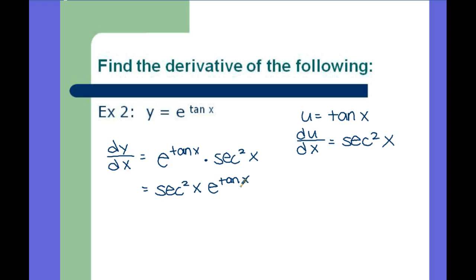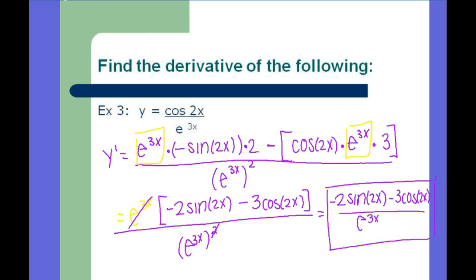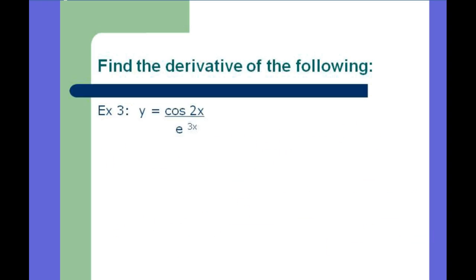The next one is what type of rule? I don't know. It's a quotient. See, even though I know what all that is, I'm going to look at the problem. So it's a low d high minus high d low all over low low. So low is the denominator times the derivative of the numerator.